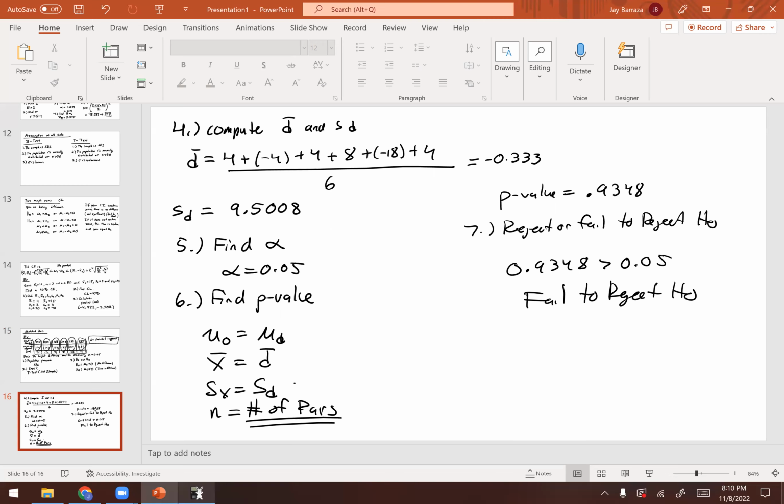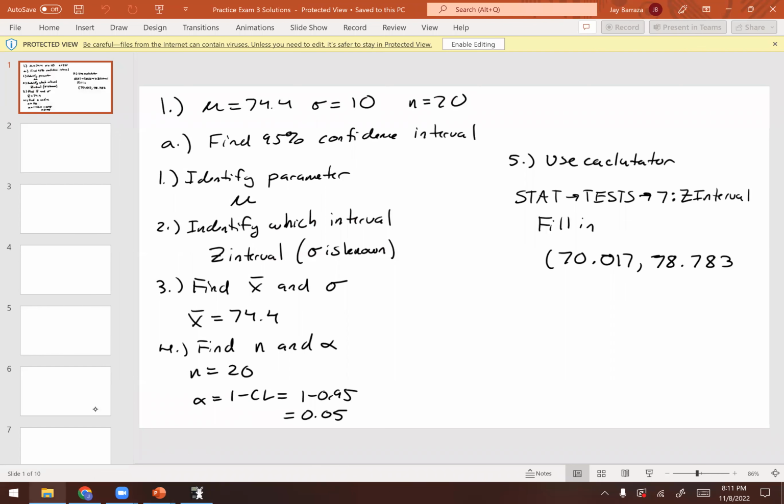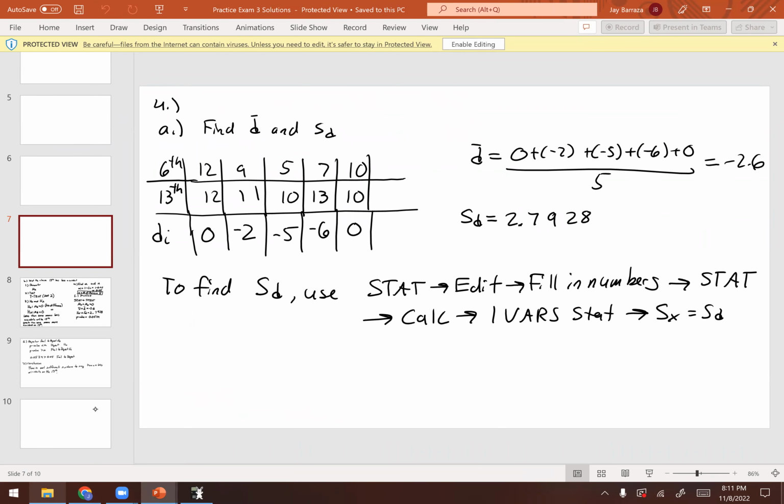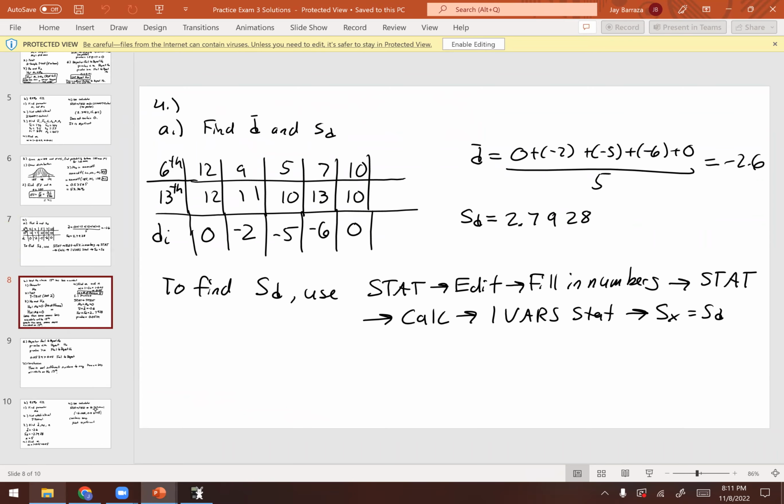So I did post the solutions to the quiz, so I would recommend looking over that. I went into detail, I can just pull it up right here if you give me a second. Right, so I went into detail on all of them, and especially for the matched pairs, I go into what each step is.